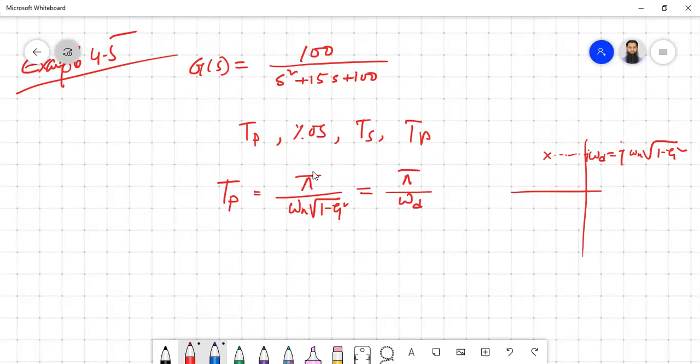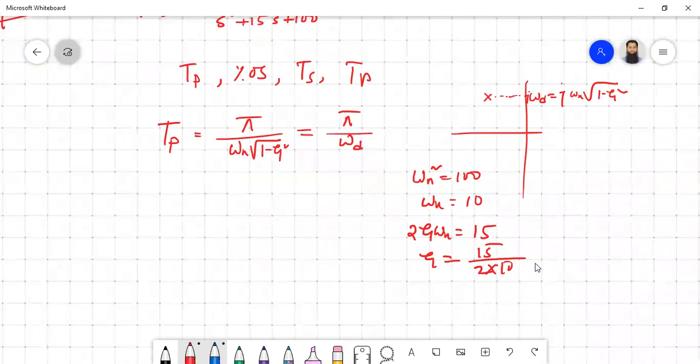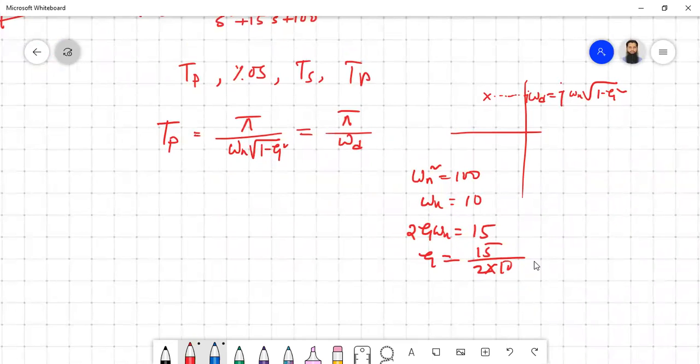Now, what is your omega n? Omega n square is 100, so omega n is 10. And what is our zeta? Twice zeta omega n equals 15, so zeta will be 15 divided by 2 into 10, which is 0.75.